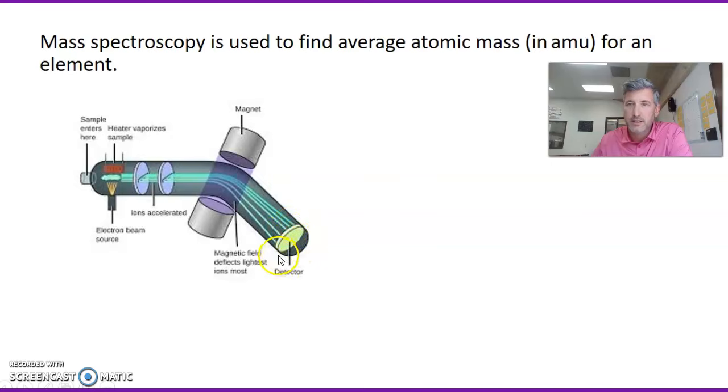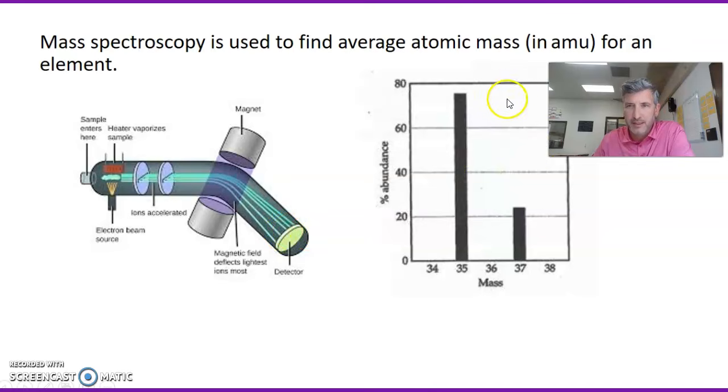And all of this is hooked up to a computer that can sense how many impacts there are from different isotopes at different parts of the detector. So it'll tell the person that reads the computer screen that, let's say, 60% of the ions hit right here, and therefore that's the lightest isotope, and then 10% hit right here, and so forth. So it'll end up creating a graph that looks something like this.